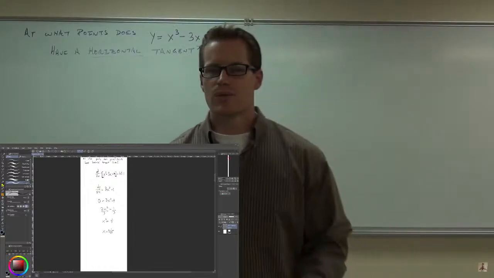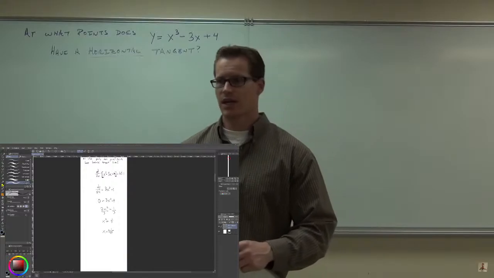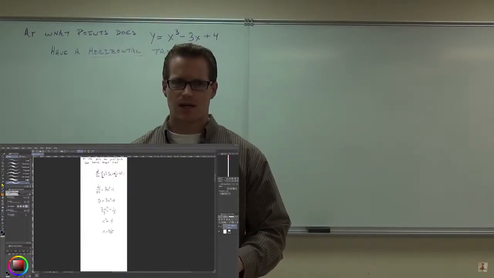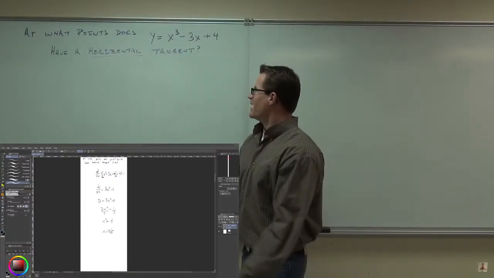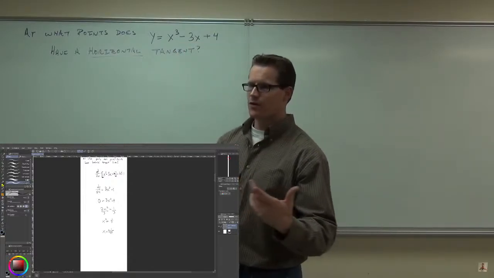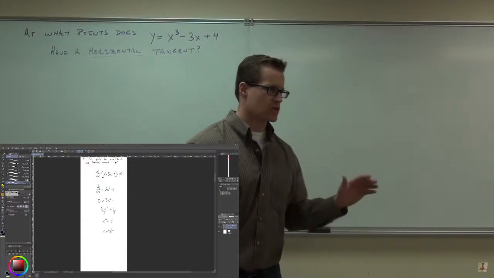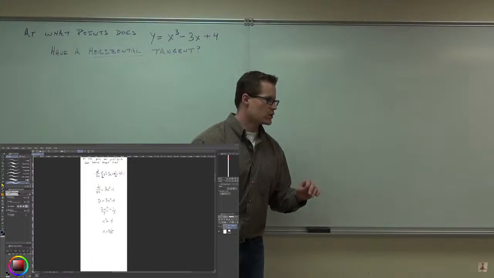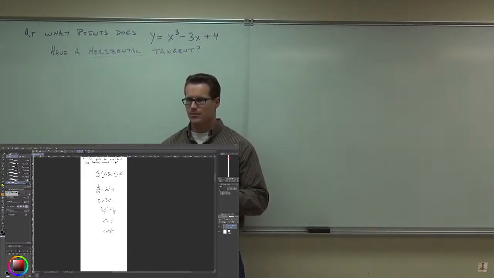All right, so one question that we can conquer with our derivatives, and the idea that a derivative is a, what's a derivative again? Slope of a curve. Good, glad you're awake today for Tuesday. Congratulations, that's awesome. We can conquer the idea of, can we find out where functions will have horizontal tangent lines? Firstly, what do you know about a line that is horizontal? Something about its slope. Slope is 0.